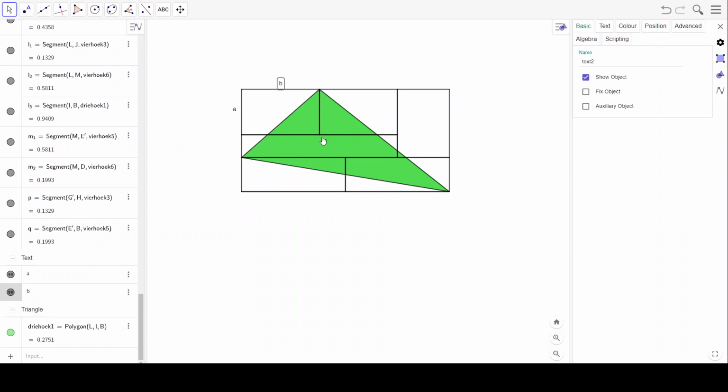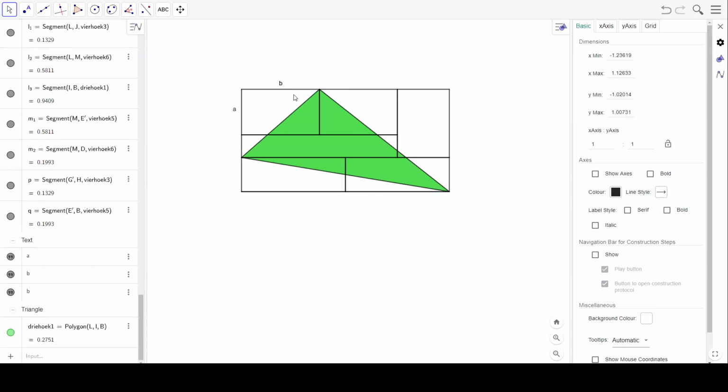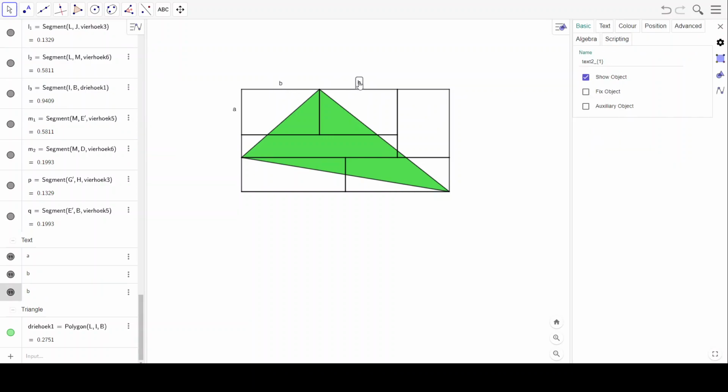It has the same height, and because it also has the same area, which is given, it must also have the width B. So it also has area AB.